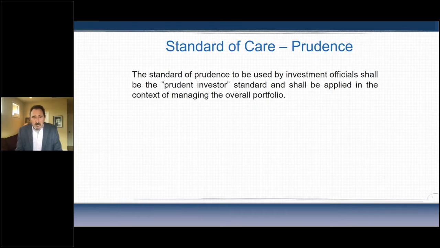So the standard of care is straightforward. It's prudence. And typically, I think under California law now, it's the prudent investor standard that's going to be used and applied at the overall portfolio level.